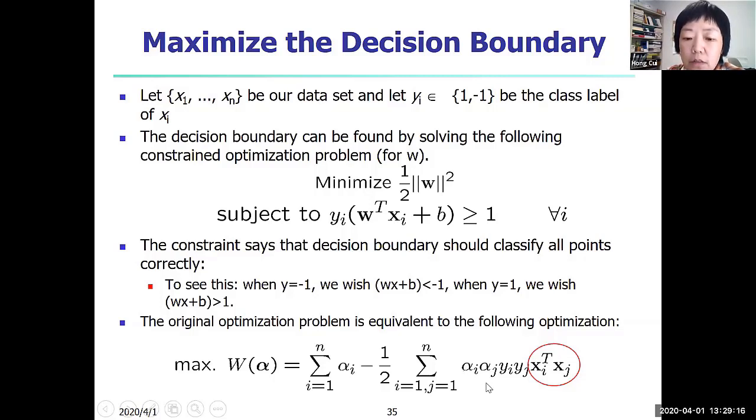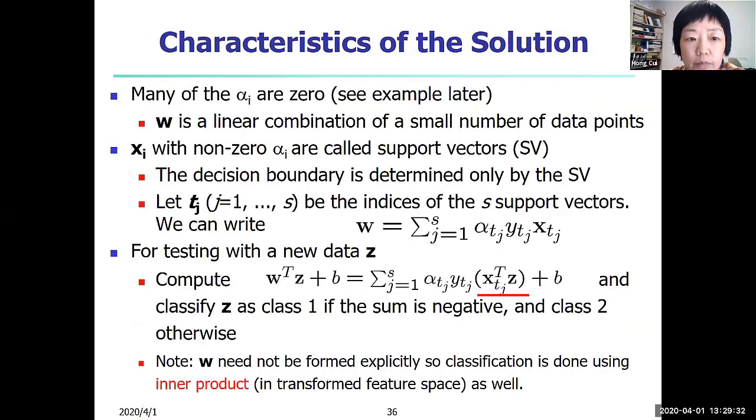So the optimization solution is dependent on the dot product of those input observations. This is one point we need to remember. It turns out that when we need to classify new examples, it's also dependent on a dot product between two observations.